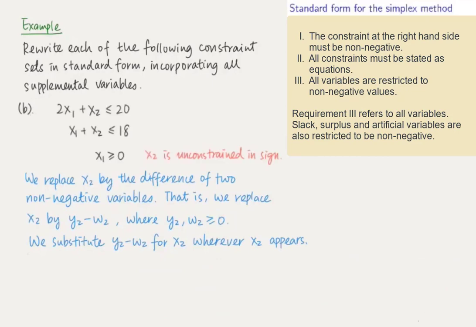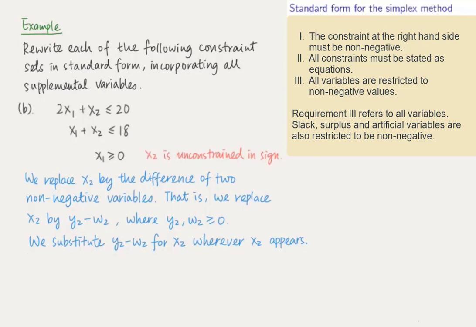To deal with the second issue that a variable is unconstrained in sign, we can replace this variable x2 by the difference of two non-negative variables. That is, we can replace x2 by y2 minus w2, where both y2 and w2 are non-negative.